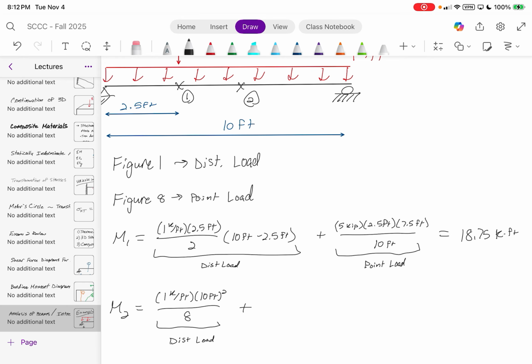Like I said, the tables are not perfect for everything.